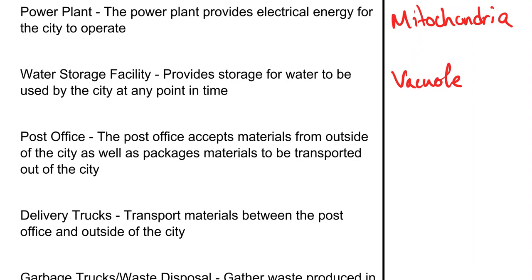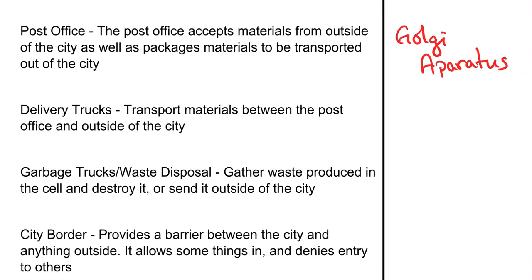Absolutely. Post office. The post office accepts materials from outside of the city as well as packages materials to be transported outside of the city. I don't know about you, but that sounds like the Golgi apparatus to me. Delivery trucks, they transport materials between the post office and outside of the city.